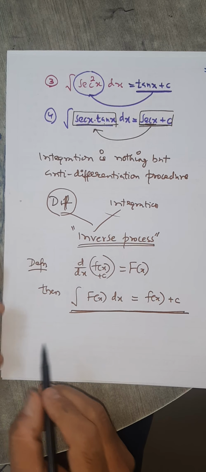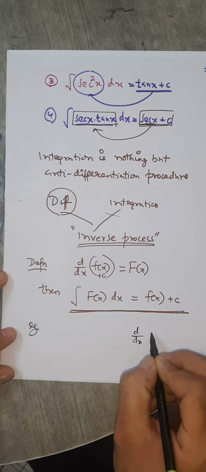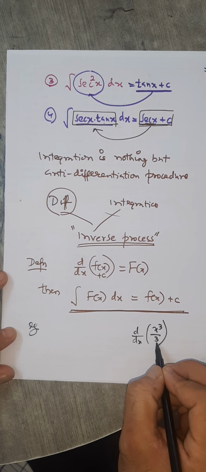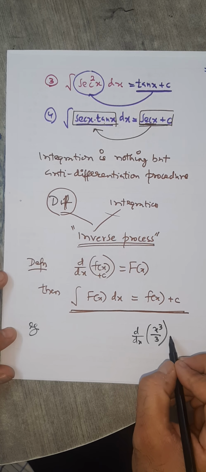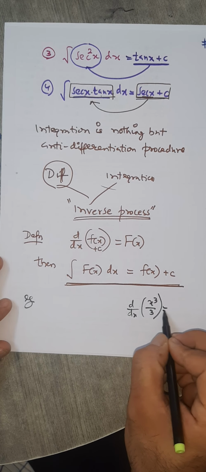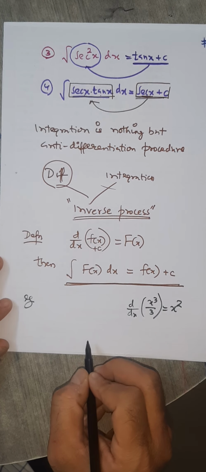For example, you just recall, what's the differentiation of x cubed by 3? It is 3x squared by 3. So if I differentiate this, you will get 3x squared, so 3 will get cancelled, you will get x squared.